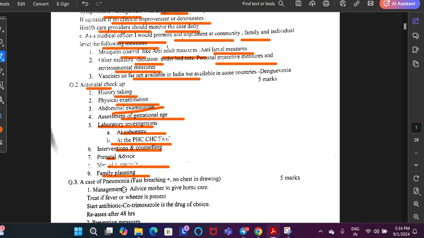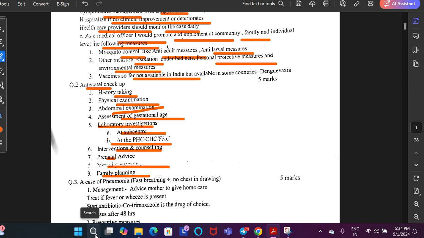Then a case of 4 months old Priya is brought to the primary health center with fever and cold for 3 days. She is alert and her respiratory rate is 58 per minute. Grunting is present.